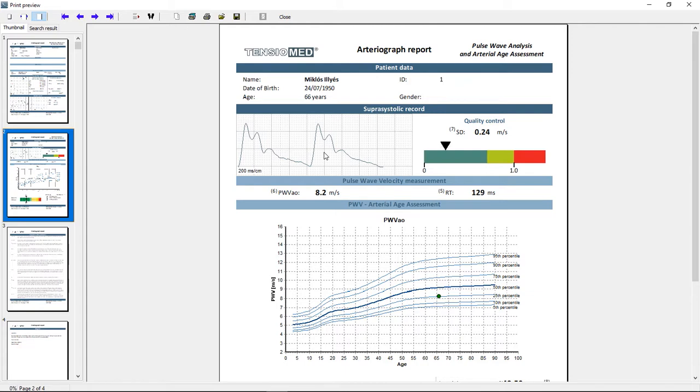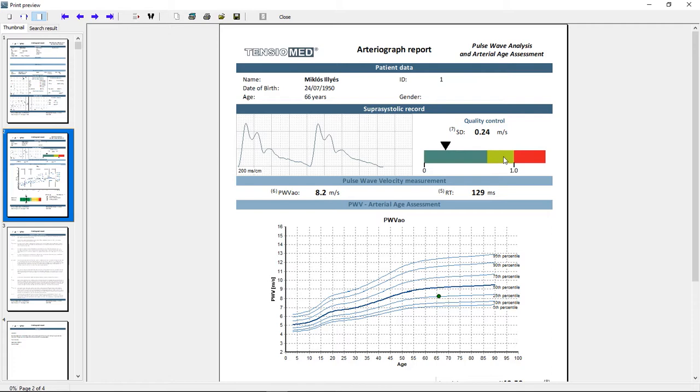Obviously, the smaller the differences between the beat-to-beat measured aortic pulse velocities, the lower the standard deviation. Ideally, if the measurement is technically performed properly, we can see this in the green zone, and then we can see that the standard deviation of the beat-to-beat measured pulse velocities was only 0.24 meter per second.